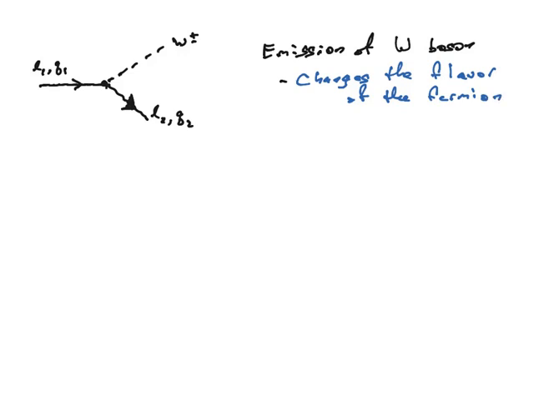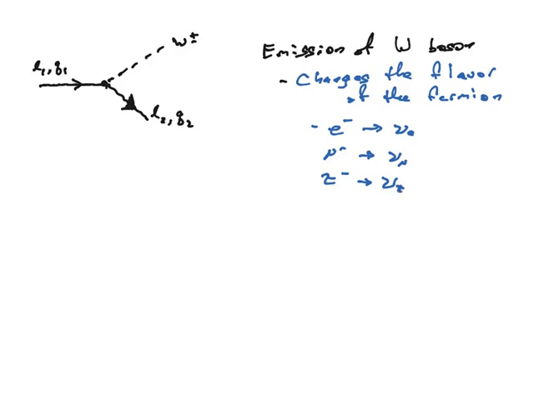So what does that mean? Well, for instance, let's say you had an electron. It could turn into a neutrino, an electron neutrino. Or you had a muon. It could turn into a muon neutrino. Or a tau. Guess what? Tau neutrino.